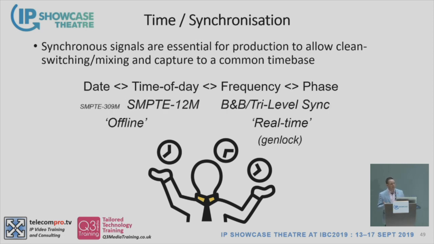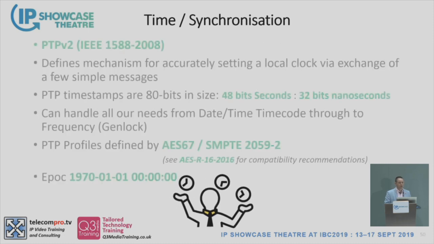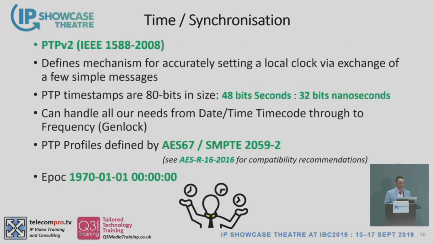And there were many standards for synchronizing your systems and to keep track of those time codes. Now we can do that whole scope, from dates all the way down to very fine phase alignment, with an old standard called PTP, the Precision Time Protocol.